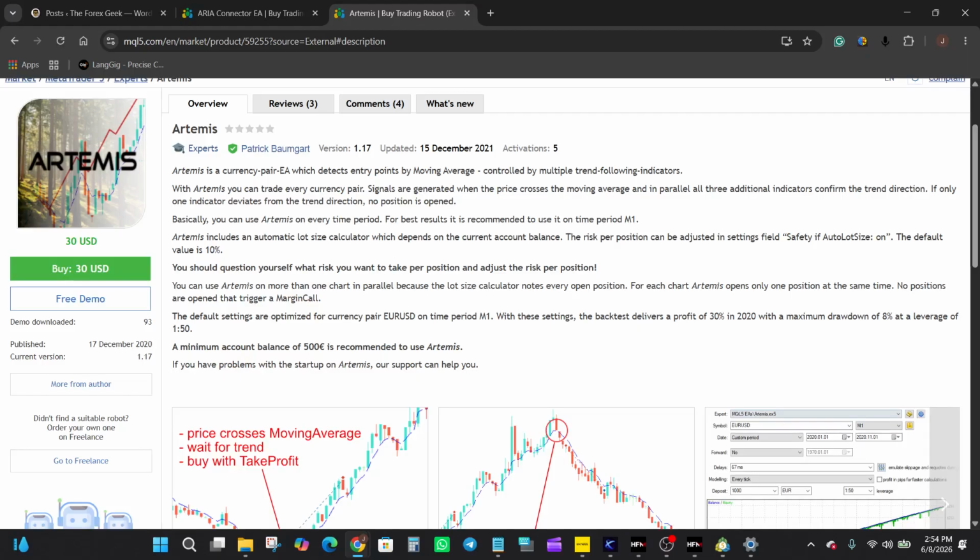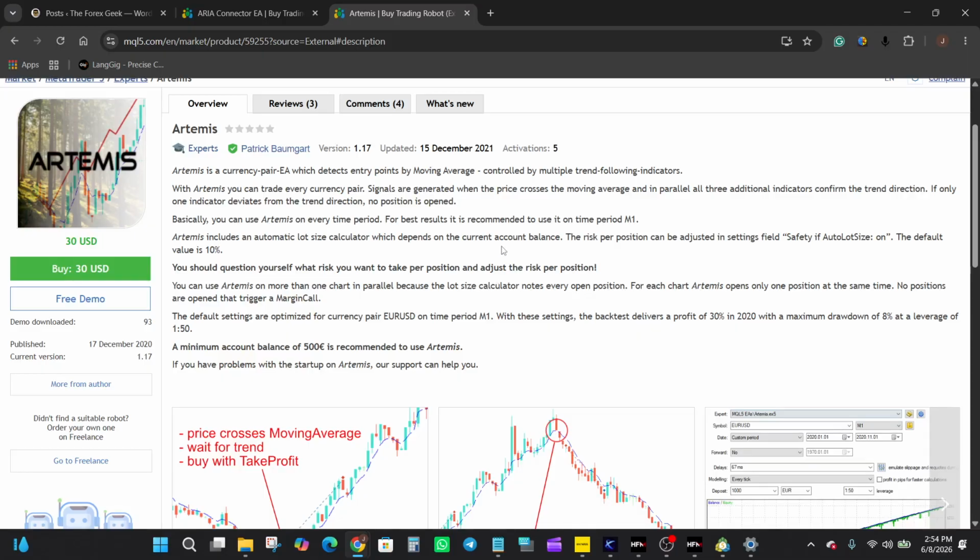Another important point is that the EA is designed to manage exposure across multiple charts. It can be used on more than one symbol at the same time, but it limits itself to one open position per chart. The system also includes protections to avoid margin call situations, which suggests it is built with account safety considerations in mind.